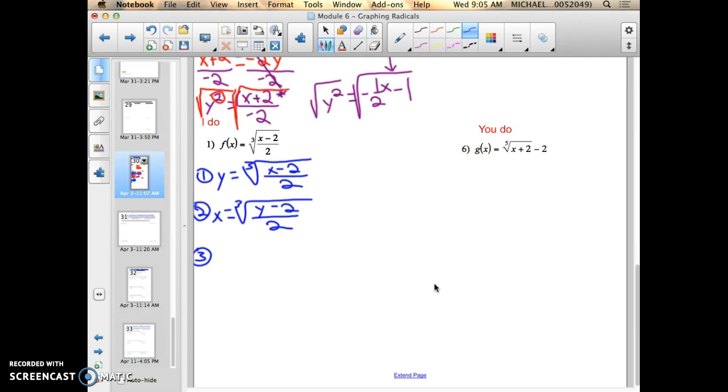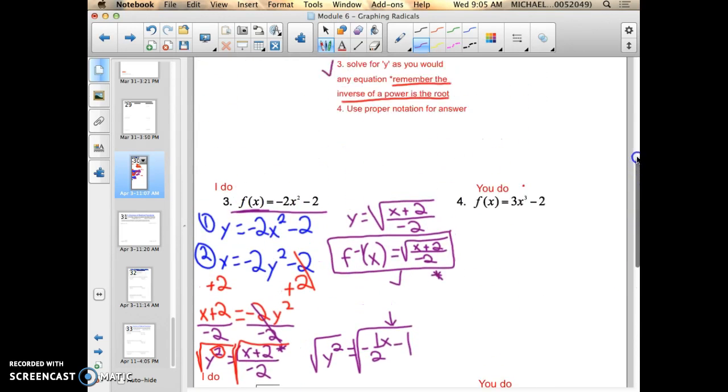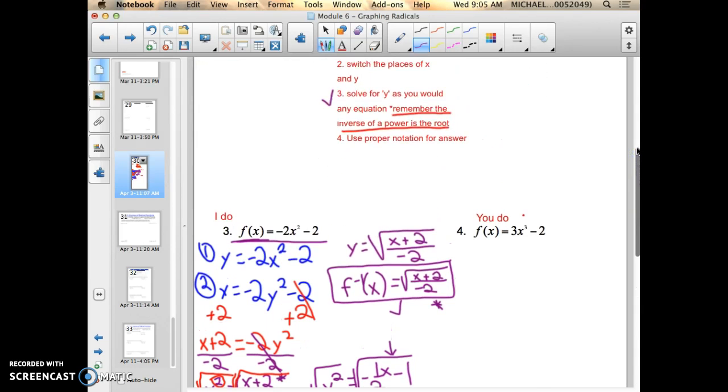This process looks a little bit different because we're dealing with radicals. We have to take the inverse of the radical. So first, everything here is trapped underneath the radical. It's the cube root of all that stuff. In order to get rid of a radical, I've stated this in the step up here in red: remember, the inverse of a power is the root, and vice versa.